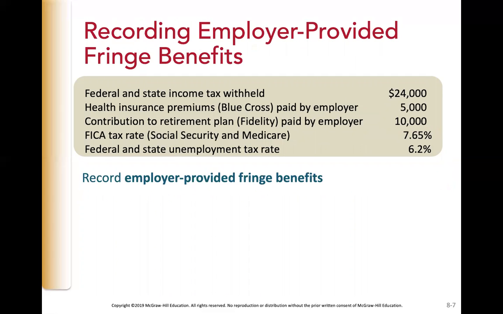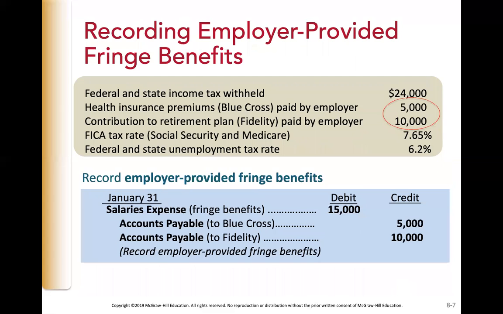Yes, we see two. The health insurance premiums paid by the employer and the contribution to the retirement plan paid by the employer are both fringe benefits. So we add them together, and that's an additional salaries expense. Record your fringe benefits to salaries expense for $15,000.